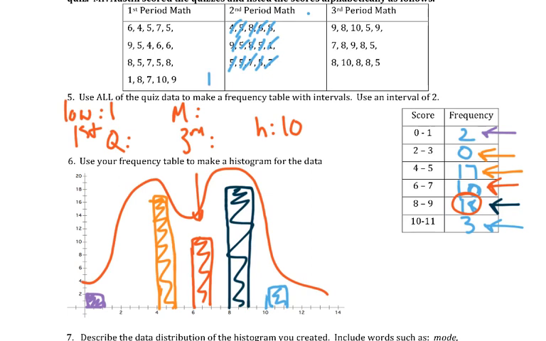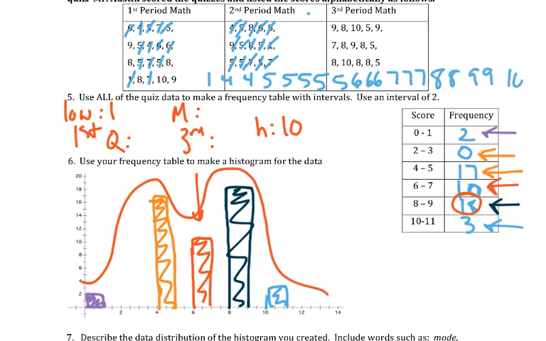So 1, 4, 4, then 5 5s, 3 6s, 3 7s, then 3 8s, 2 9s, and a 10.